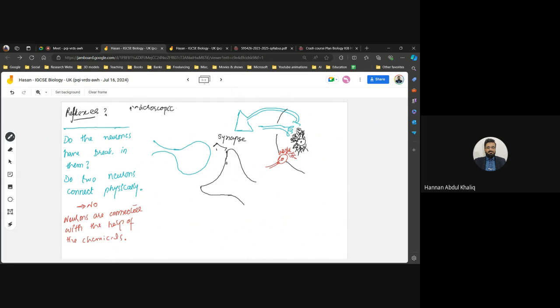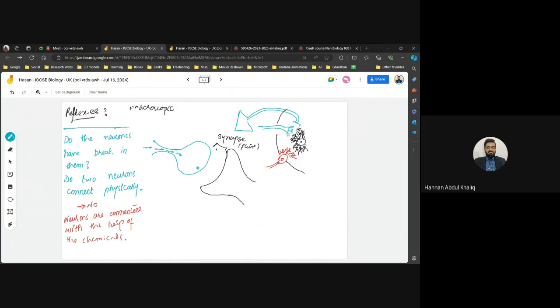Or it is also named the synaptic cleft. And over here, you will find fluid. You may call it a synaptic fluid, but it is the fluid. Now, with reference to the synapse, always remember we need to know many things. Number one, the direction of the nerve impulse is this.